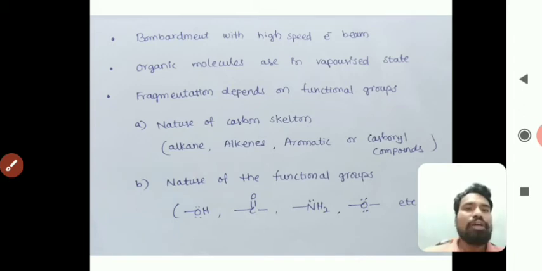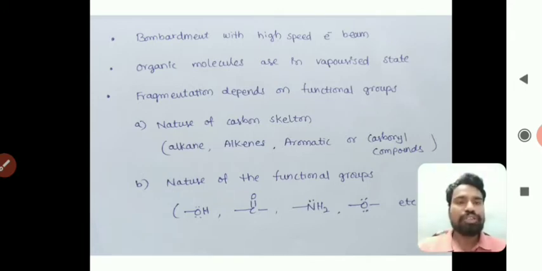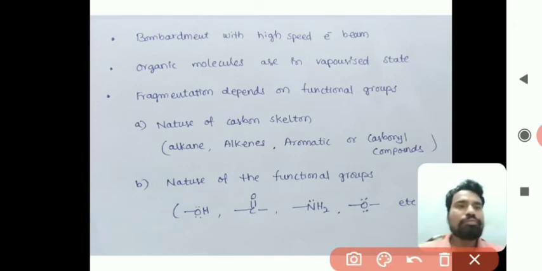Okay, so now the basic point in the case of mass spectra here is that we will be bombarding with a high-speed electron beam, right? So whatever organic molecules are taken in the process should be in the vaporized state. These vaporized organic molecules are bombarded with electrons, and they undergo fragmentation and form fragmented ions. This fragmentation process majorly depends upon the functional groups, right?